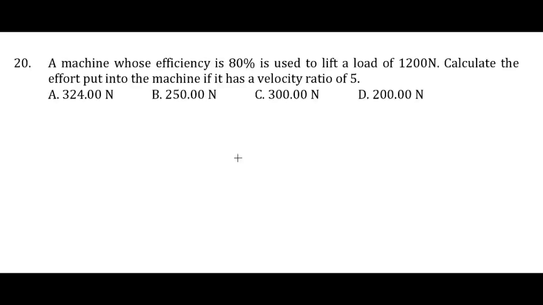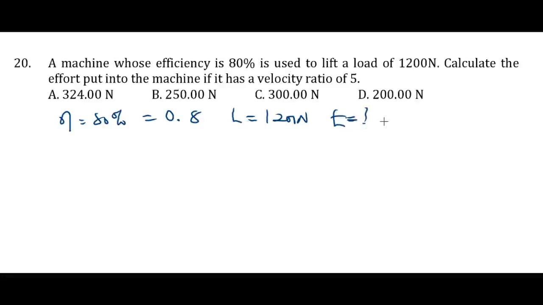So the last question we have for today. A machine whose efficiency is 80%, which is 0.8, is used to lift a load of 1200 Newton. Calculate the effort put into the machine if it has a velocity ratio of 5. We have done this kind of question again and again. To find effort, we need to find our mechanical advantage.